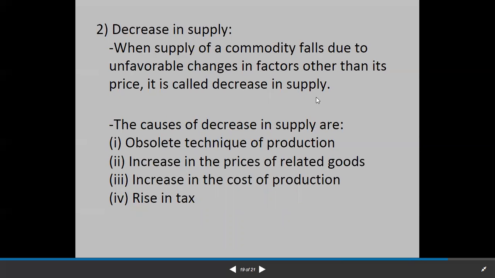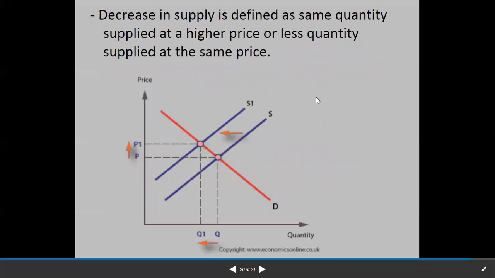Why has it happened? First of all, we will discuss the causes. Obsolete techniques of production, increase in the price of related goods, increase in the cost of production, rise in taxes. These are the reasons. Now we will discuss the curve.